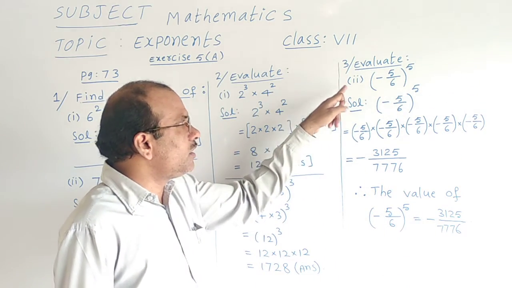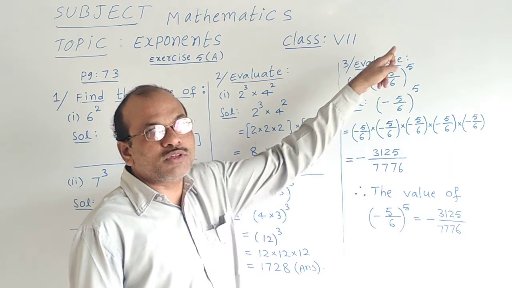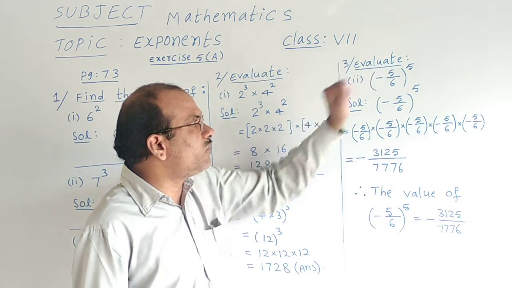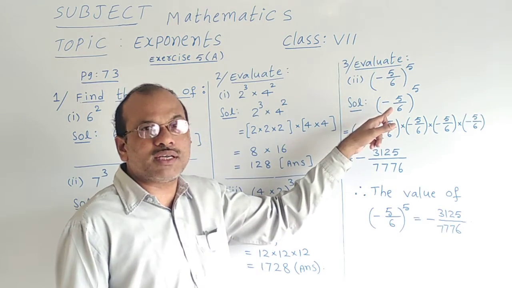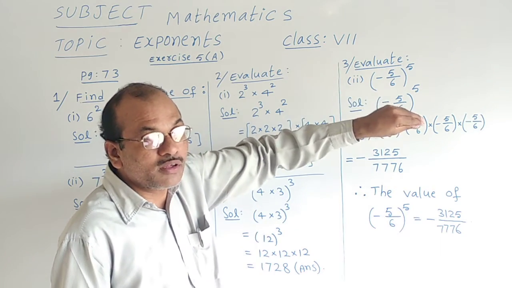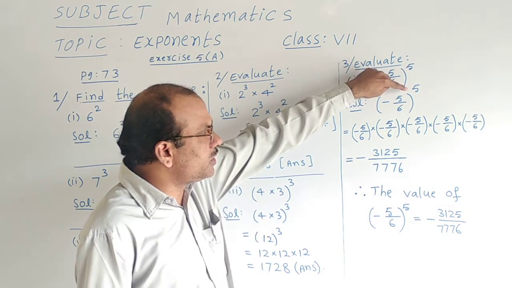Question 3, second bit: minus 5 by 6 whole to the power 5. The same given question I have written. We all know that the base should be multiplied by itself based on the power raised to it. Here the power raised is 5.